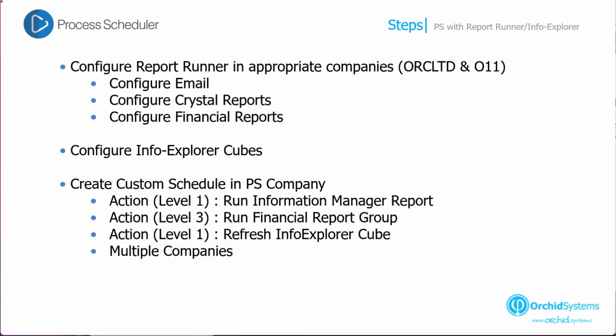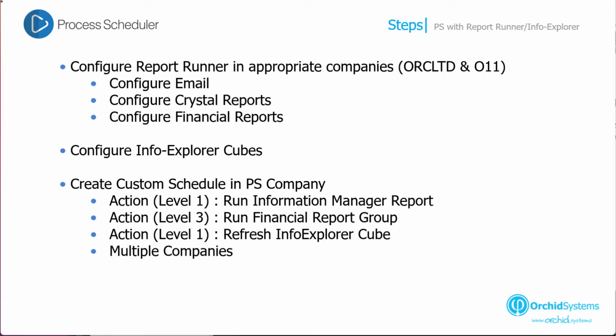And then we're going to create a custom schedule in Process Scheduler, and it's going to have 3 steps per company. The first step is going to be a level 1 action to run an Information Manager report, which will pick up and run all the Crystal reports that are scheduled to be run by now.